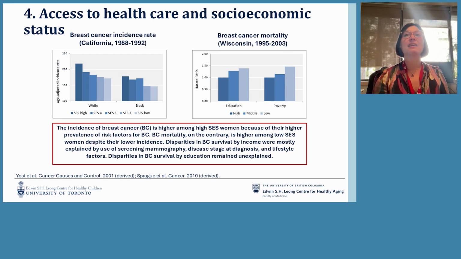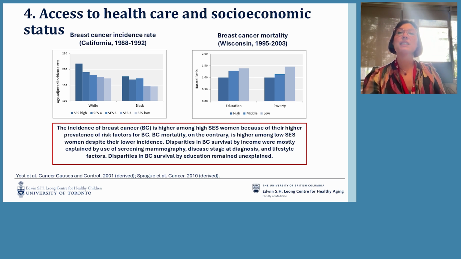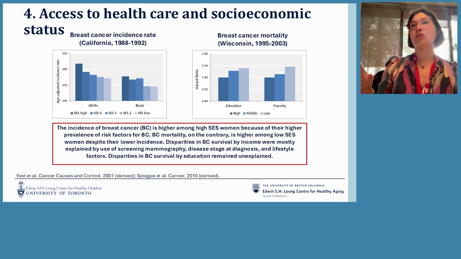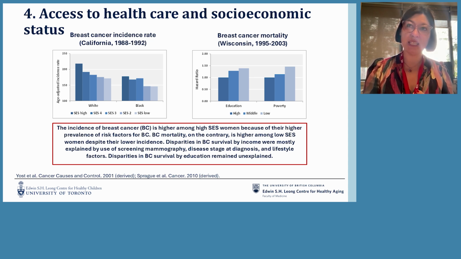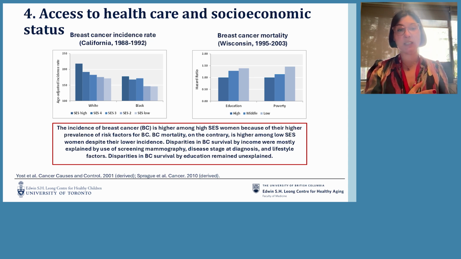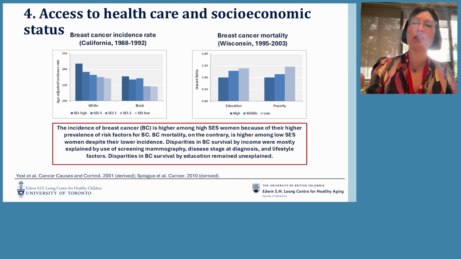If we now discuss access to care in relation to socioeconomic conditions, these two graphs show on the left-hand side the breast cancer incidence rate in relation to income and divided by race, white and Black women, and on the right-hand side, we have breast cancer mortality.